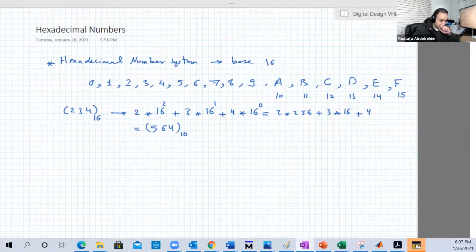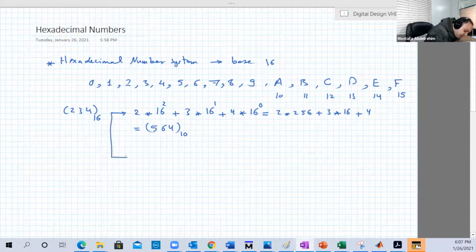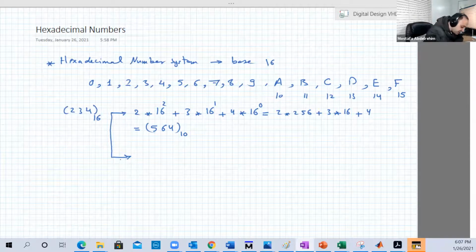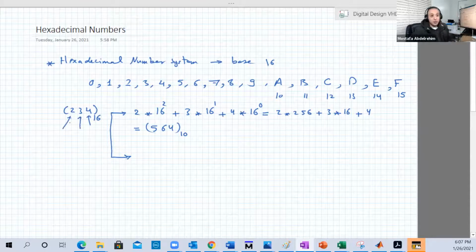What we do here is very simple. To convert from hexadecimal to binary, you just take each digit and convert it into a 4-bit binary number.